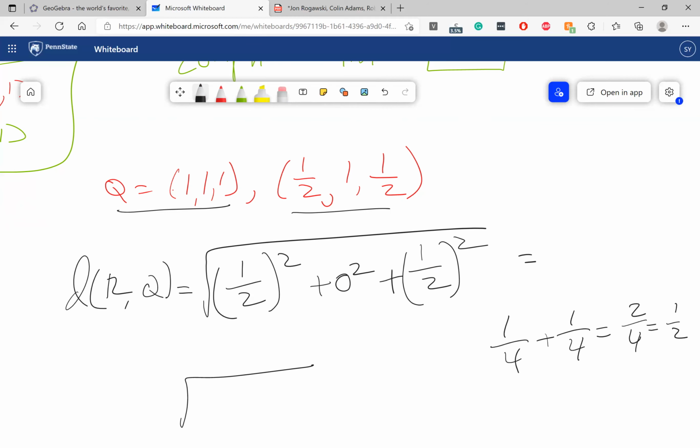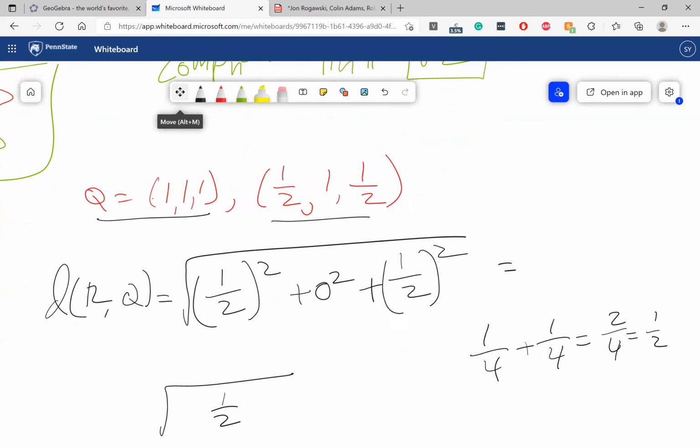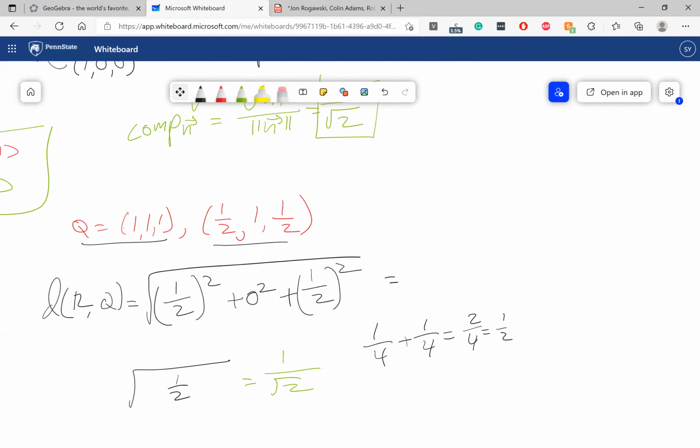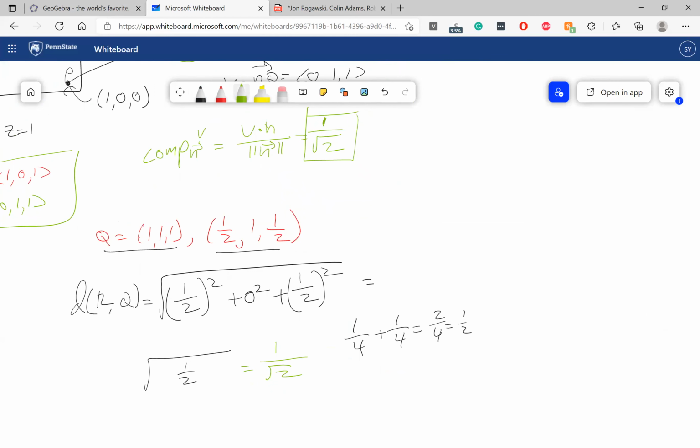So the square root of 1/2, which is equal to 1 over the square root of 2. So that's the distance, and that's what we found earlier. We found that the distance is 1 over the square root of 2. Does this make sense?